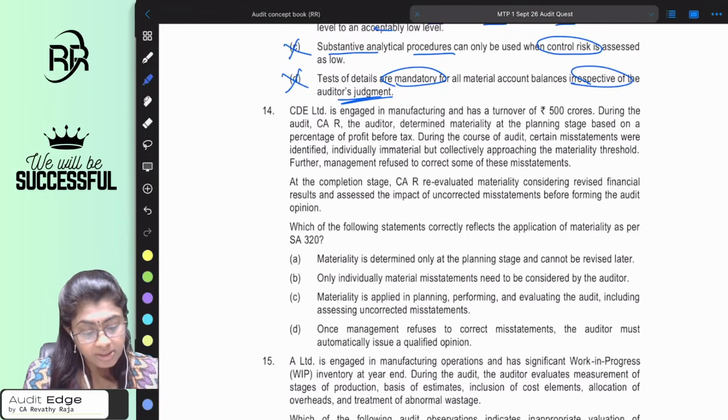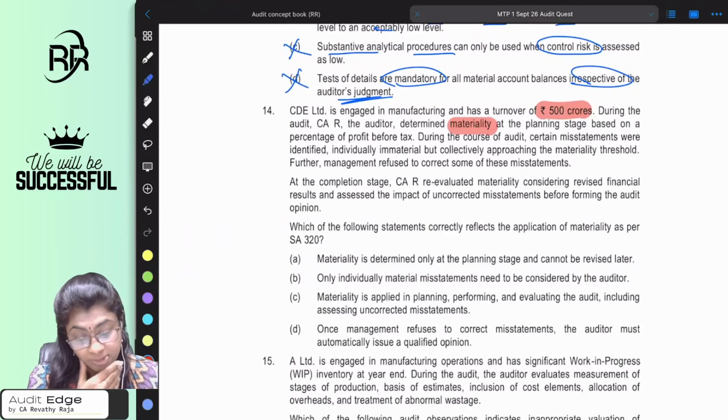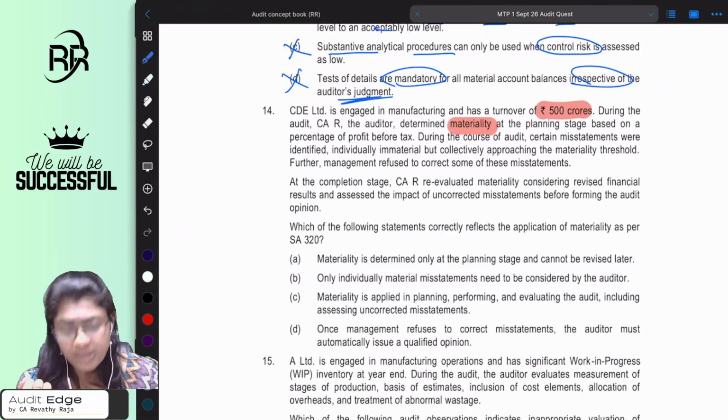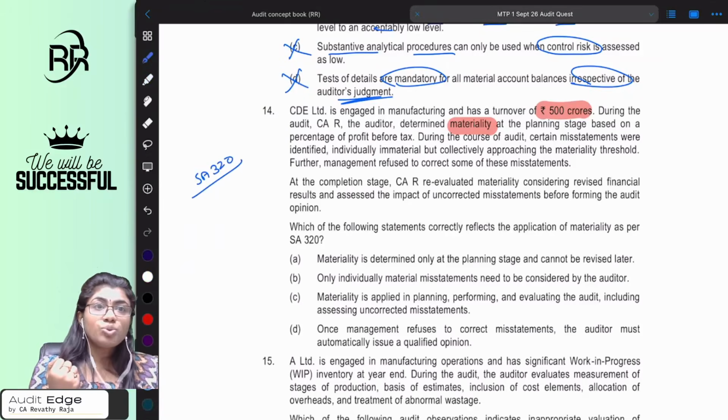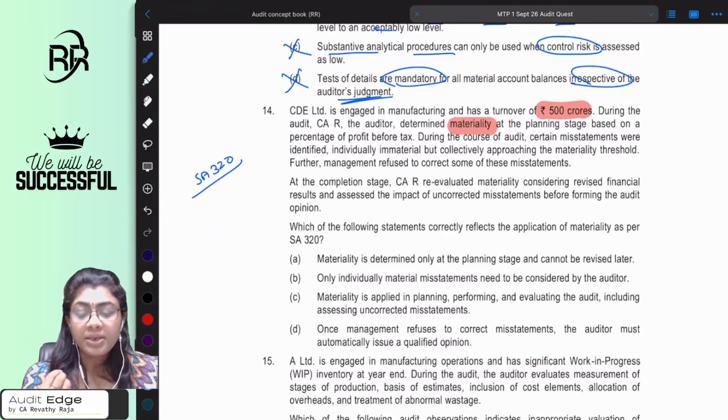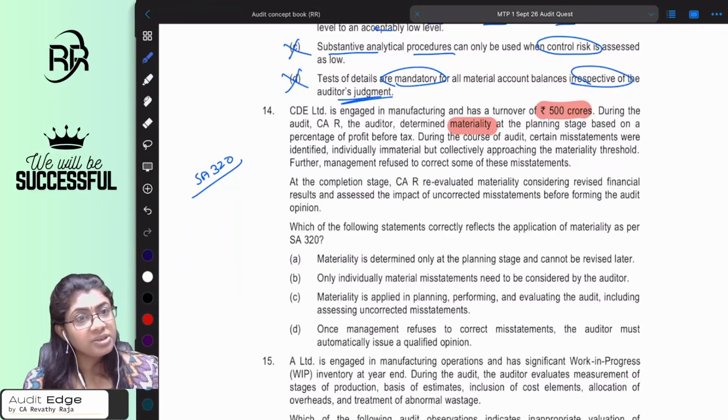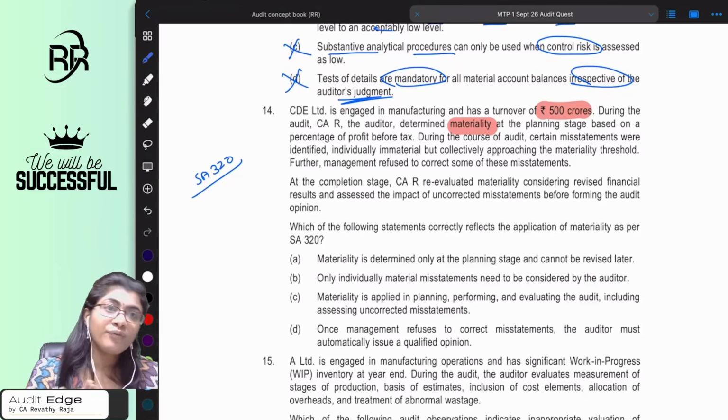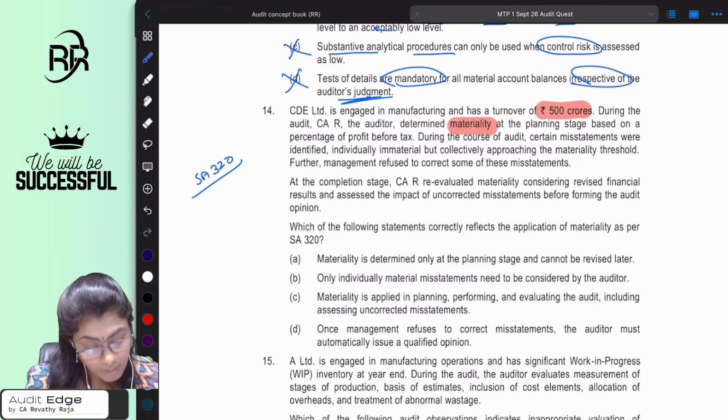CDE Limited is engaged in manufacturing and has a turnover of 500 crore. During the audit, the auditor determined materiality at the planning stage based on a percentage of profit. See, materiality, SA 320. They say in SA 320, materiality can be based on any benchmark, percentage of profit, percentage of turnover, anything.